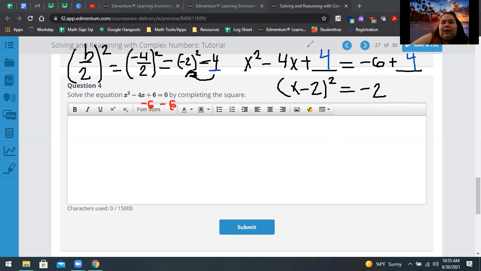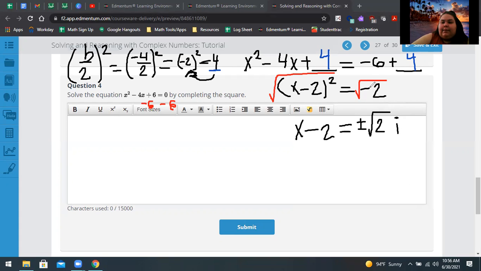Now, again, you want to isolate x because you're trying to solve for it. X is inside the square with the square. So you're going to do the opposite by taking the square root of both sides. Now we're left with x minus 2 equals, now the 2 you can't take, it's not a perfect square, so you're going to leave the 2 in there. But because you have plus or minus, the negative becomes the i.